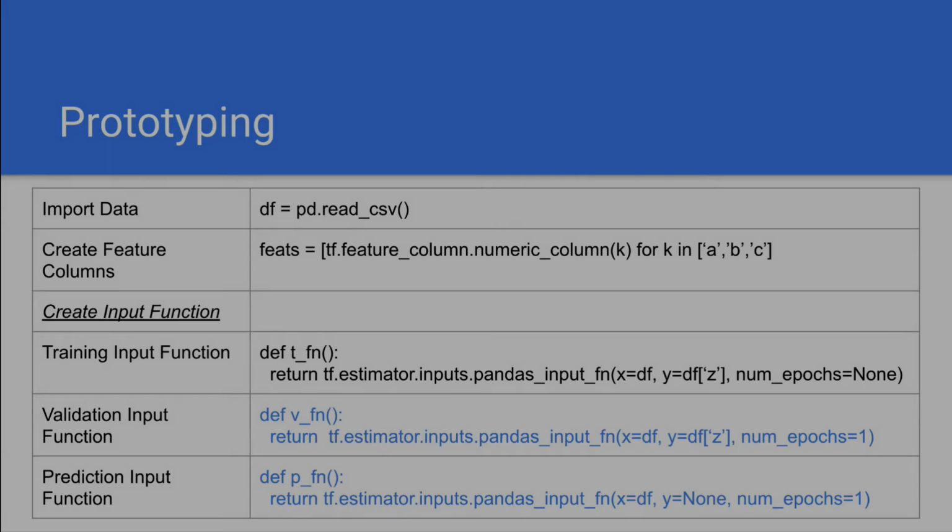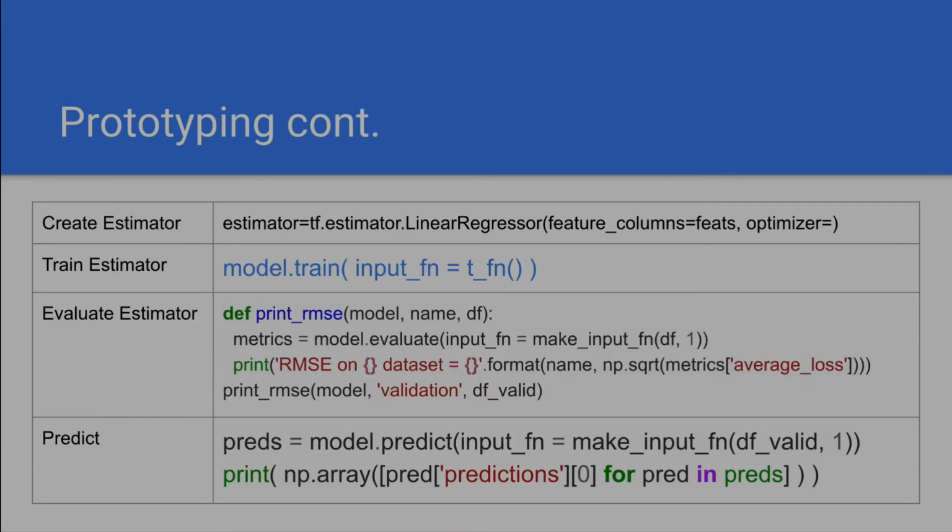And so we have a training input function, which you need to define. And what that does is it provides the data during training to your model. There's also a validation input function and a prediction input function. Once you define all of these, you're then able to go ahead and create your estimator.